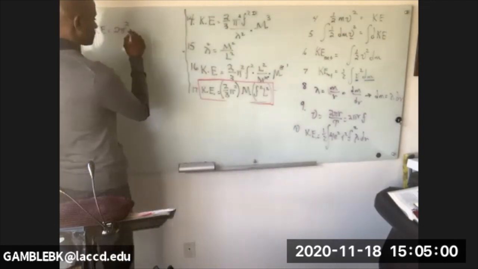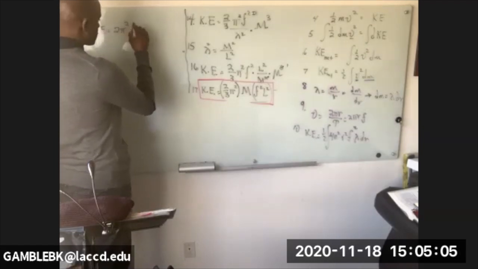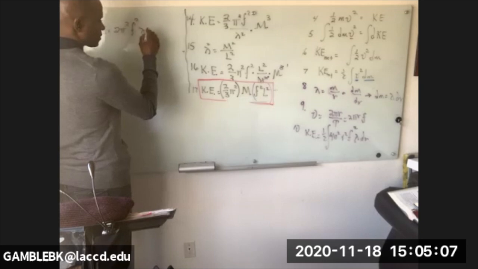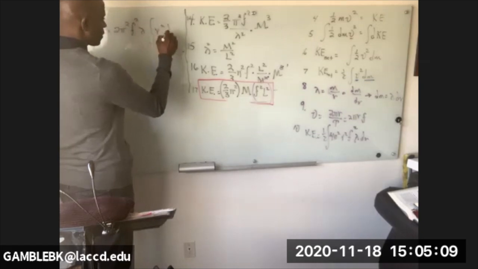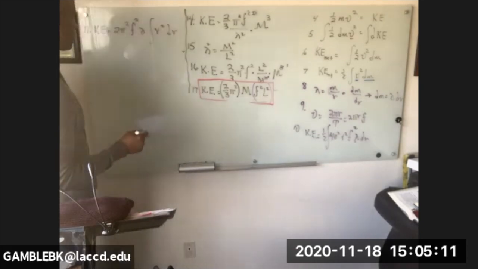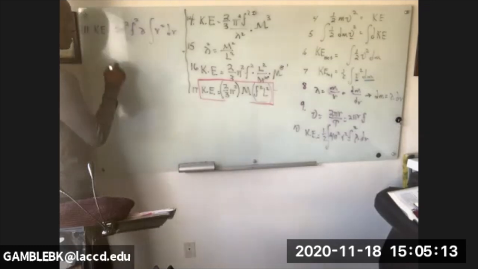So then f squared is outside, lambda is outside. On the inside, I have r squared dr. Right.